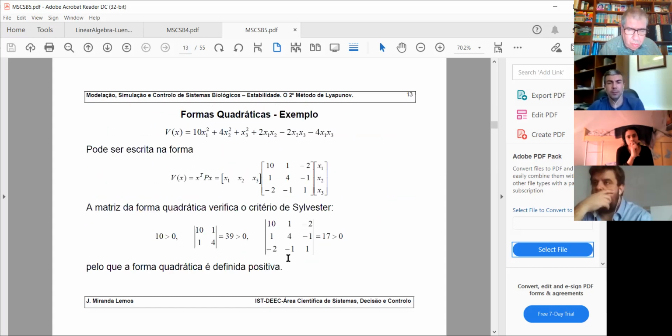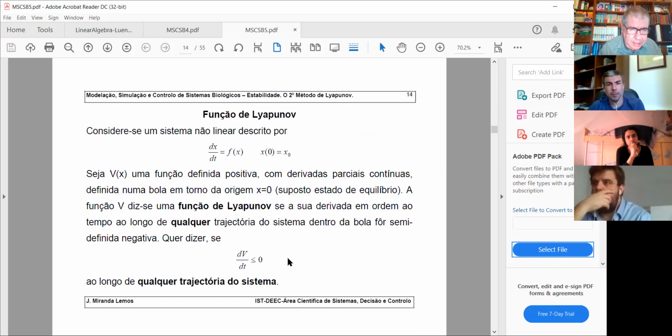We will go back in future classes to the slides, but the result of stability is very simple. Suppose that you have a nonlinear system, dx/dt equal to f(x). No control, no external variables.